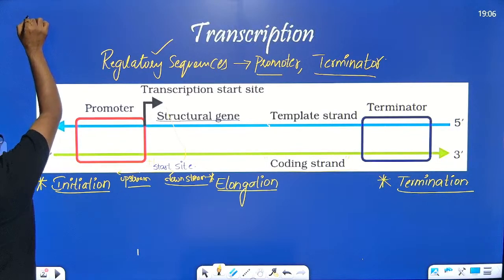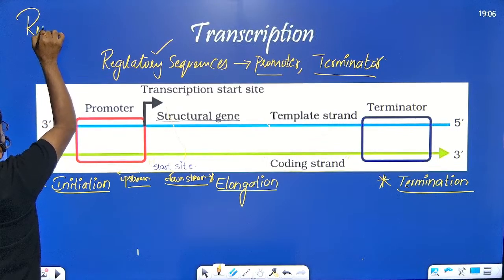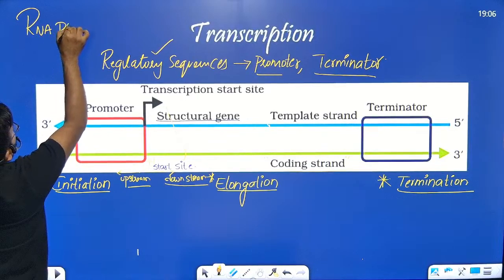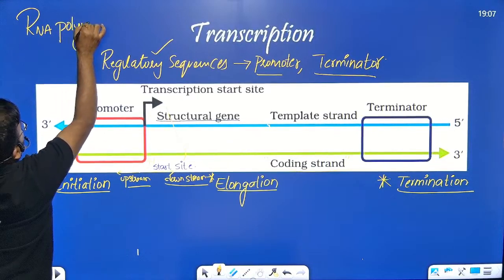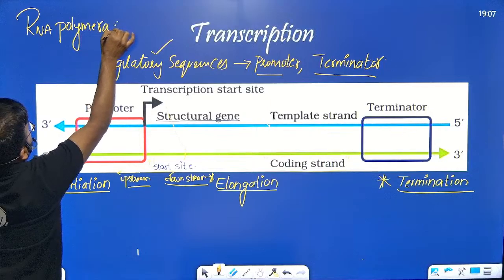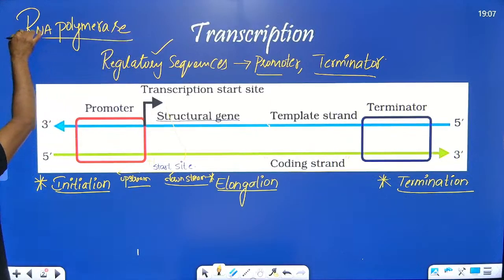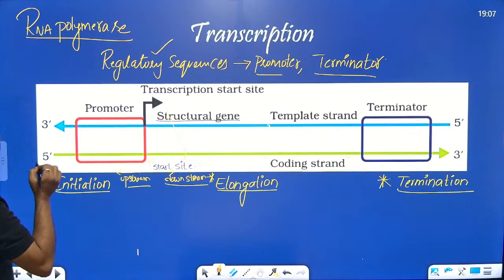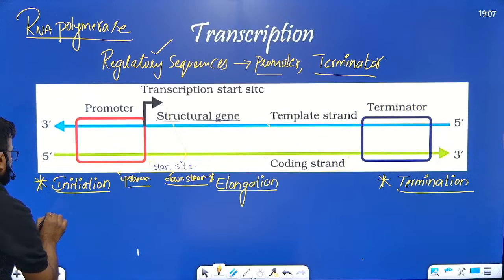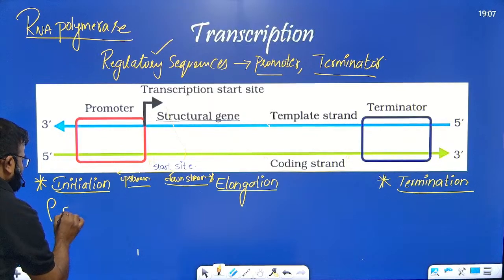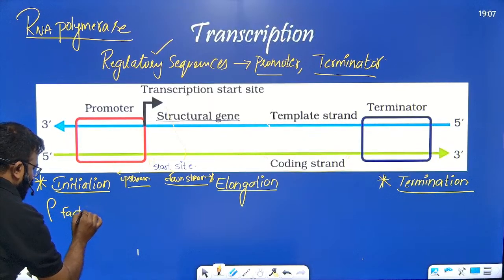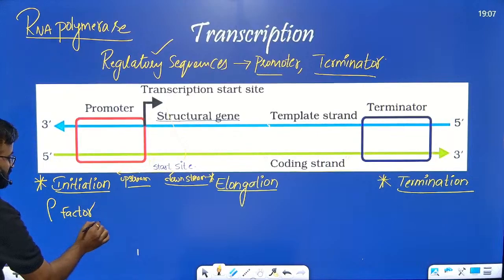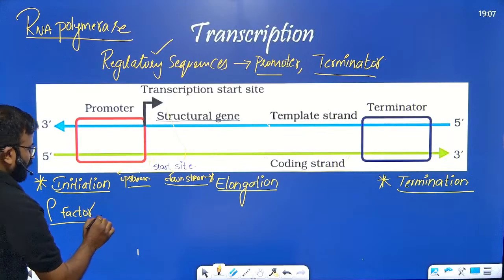As you know, transcription is carried out by an enzyme called RNA polymerase. RNA polymerase is the main enzyme which carries out the transcription, but there is a specific factor called the sigma factor of RNA polymerase, which recognizes the promoter.